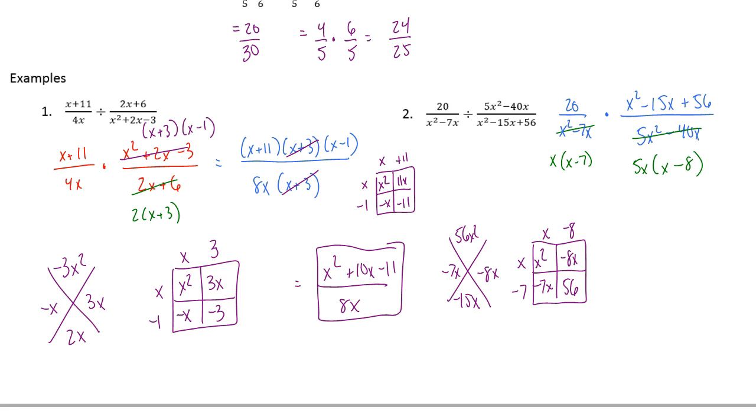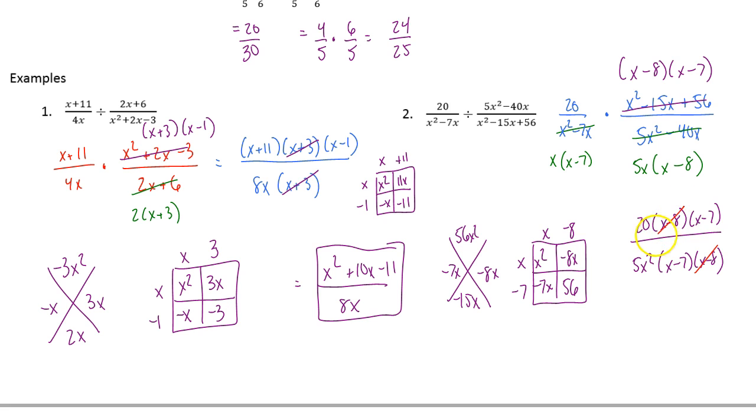So we end up factoring that down to be x minus 8 times x minus 7. So let's look at what our problem looks like now. When we multiply the numerators and denominators, we'd have 20 times x minus 8 times x minus 7 in the numerator. The denominator, we would have x and a 5x, or 5x squared, and x minus 7 and x minus 8.